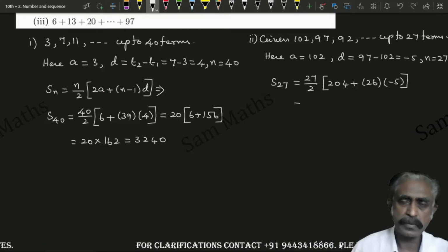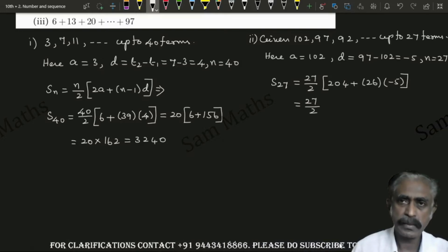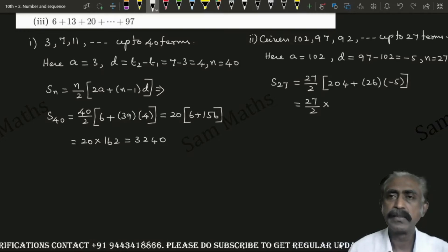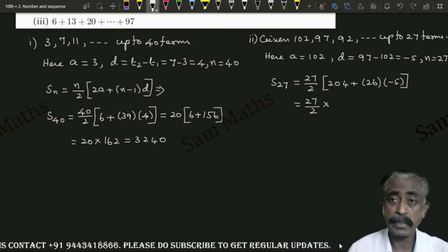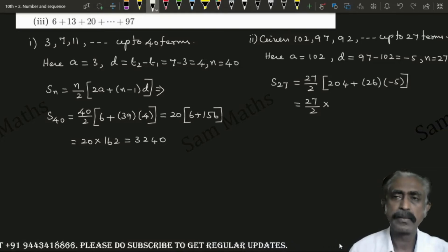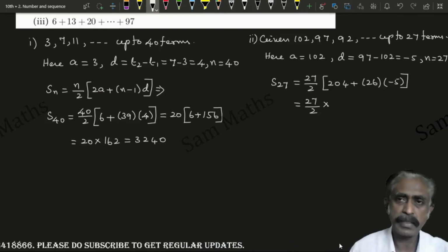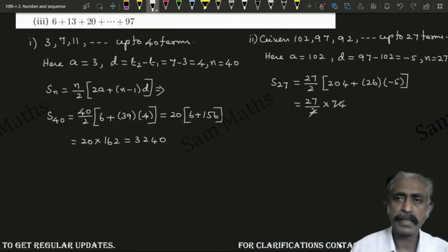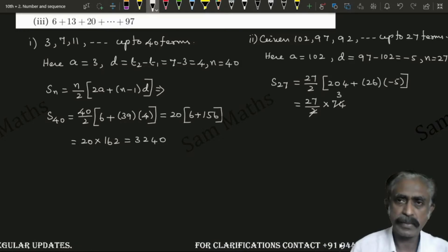which is equal to 27 by 2 into 26 into 5 is 130, 204 minus 130. You subtract this, it becomes 74. This we can cancel with this. It becomes 37.